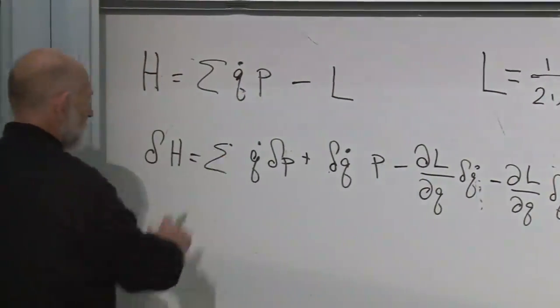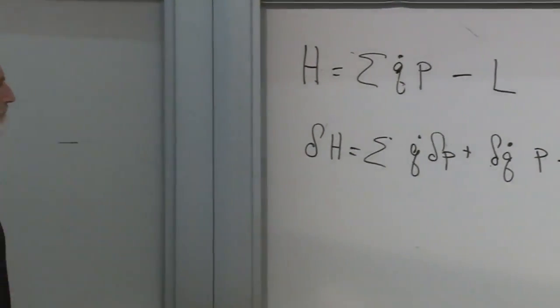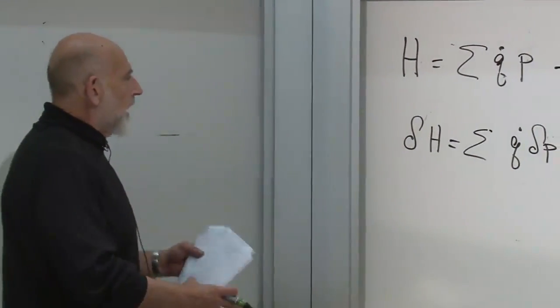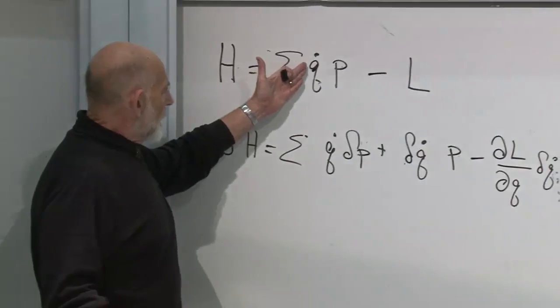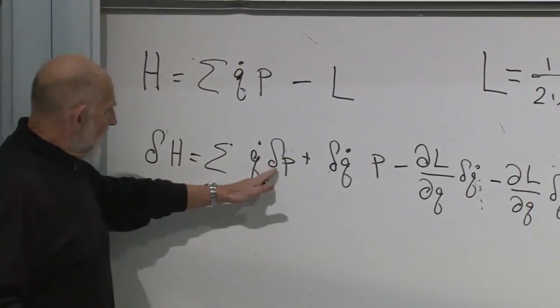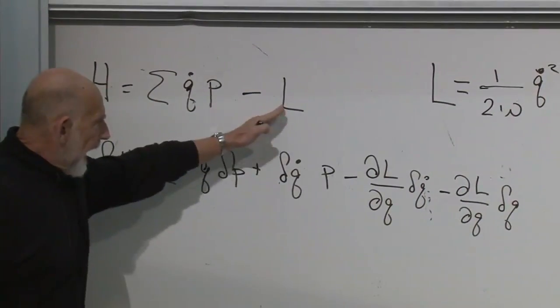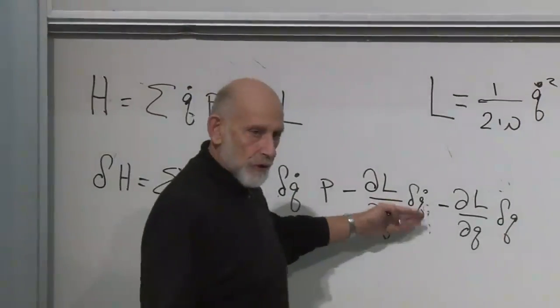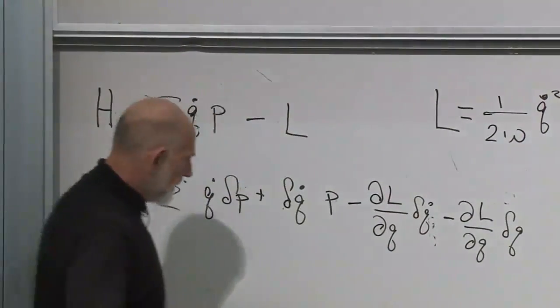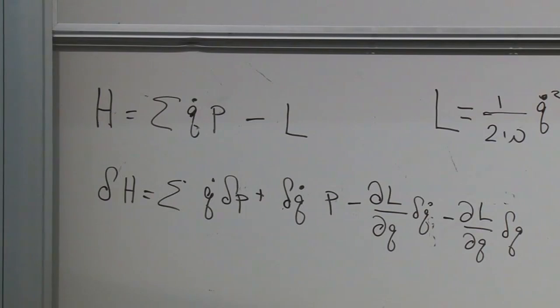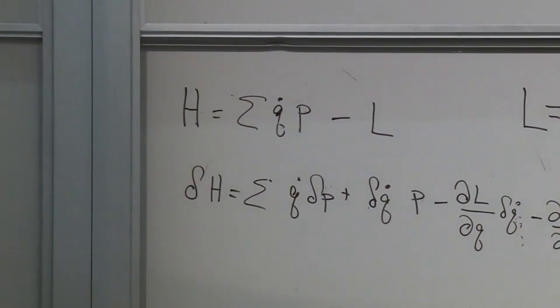Oh, I actually put a summation sign here, didn't I? Yeah. I've changed everything that could be changed. Q dot, p, get this term, and in L we can also change q dot and q. There's nothing else to change, and this must be the change in the Hamiltonian.